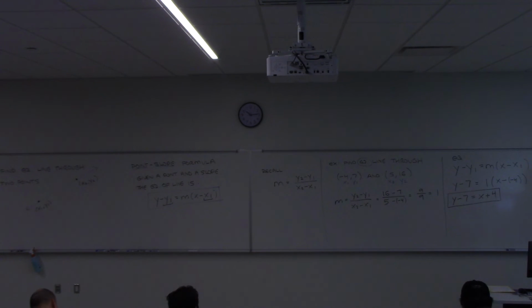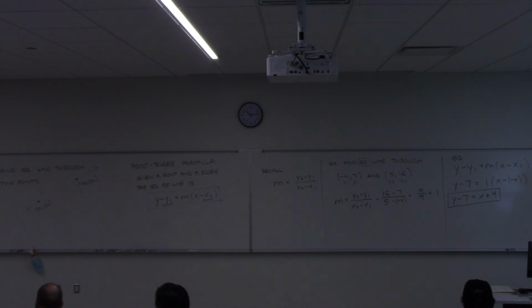I'm going to go to a website called Desmos. Have you all heard of Desmos? It's my favorite two-dimensional graphing website. I'm going to type this equation into Desmos on the left-hand side: y minus 7 equals x plus 4. And it draws me a line.